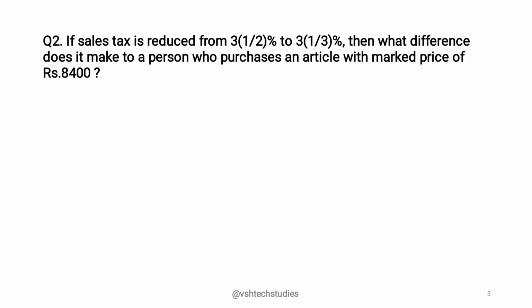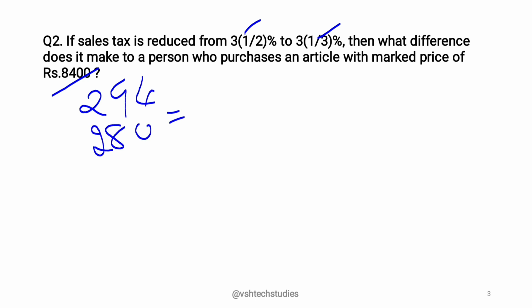Coming back to the problem, when the tax rate is reduced from 3 1/2% to 3 1/3% on an article of rupees 8400, the tax amount is reduced from 294 rupees to 280, that is a saving of 14 rupees. That is the first one.